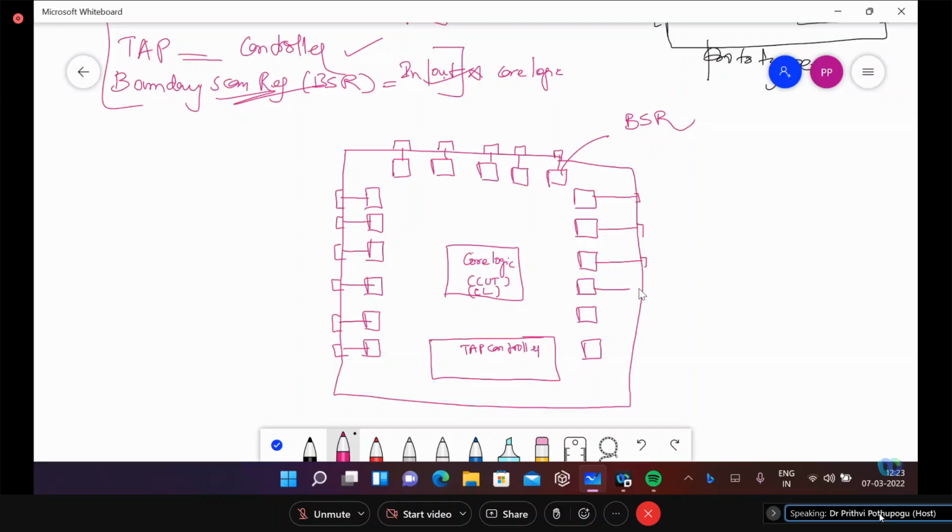Not only to the input and output, that means the external environment, they will also be available to the core logic. So they should be connected to each segment of the circuit which you are testing.